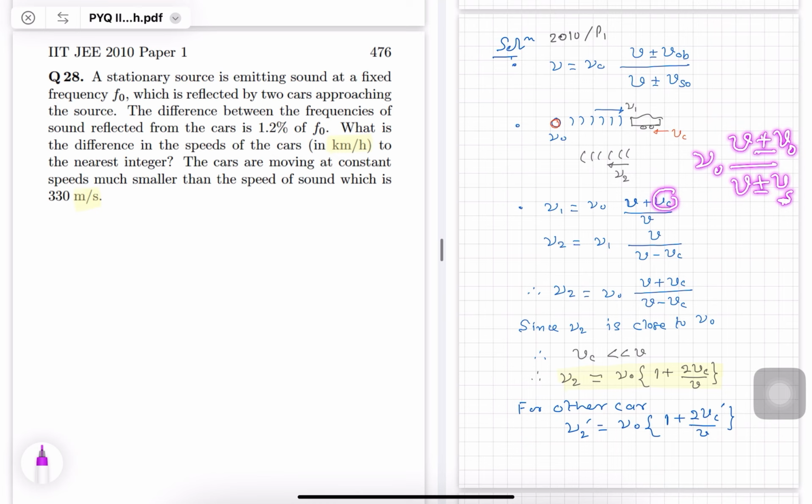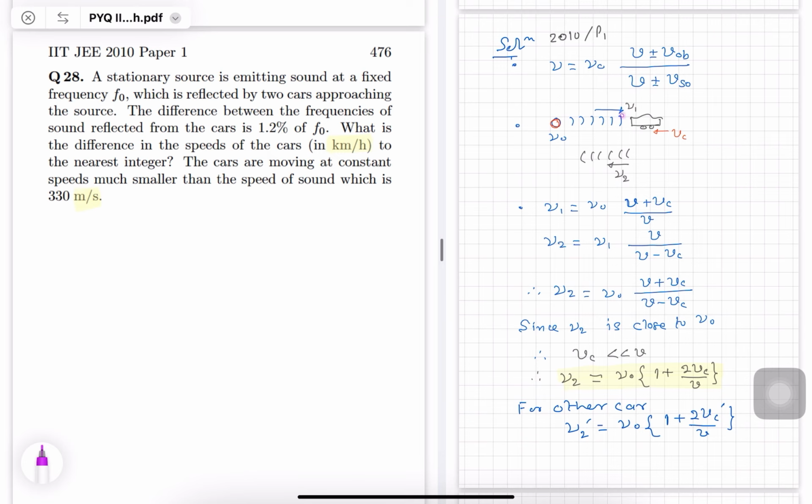So the sign is taken with common sense, but one should remember that the observer effect comes in the numerator, and since it is approaching the source, frequency will increase, so we will use the plus sign here.